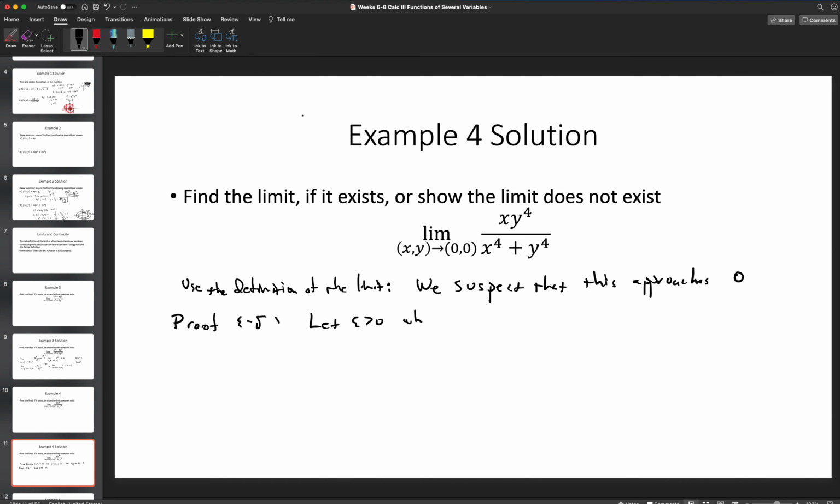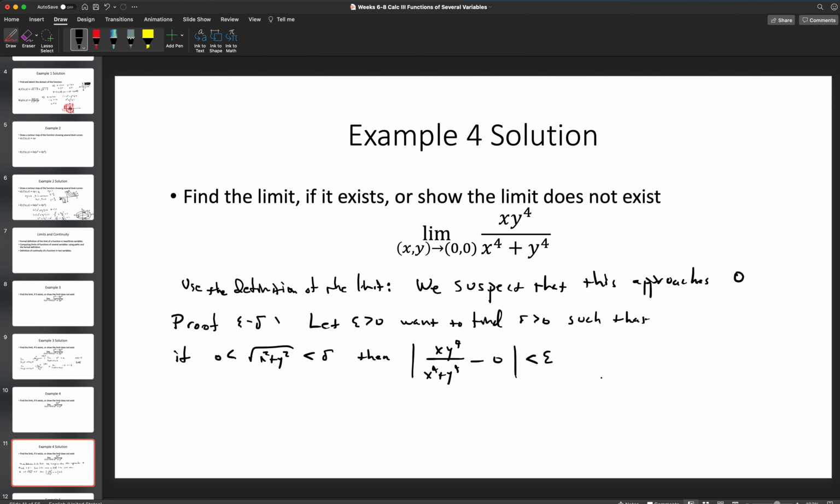We want to find a delta greater than 0 such that, this is using the definition of the limit, by the way, if the square root of x squared plus y squared is less than delta, then the absolute value of our function minus the limit value is less than epsilon.